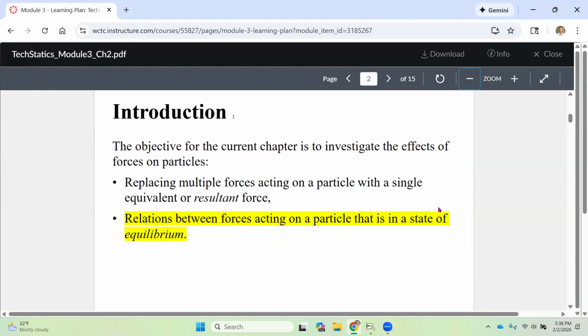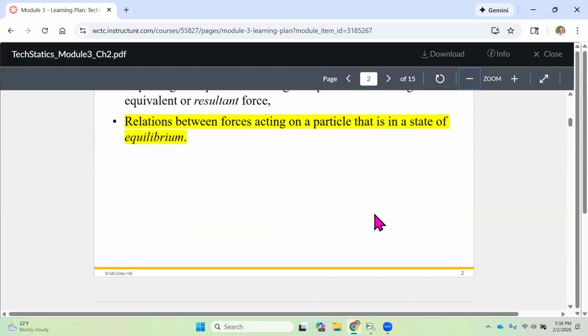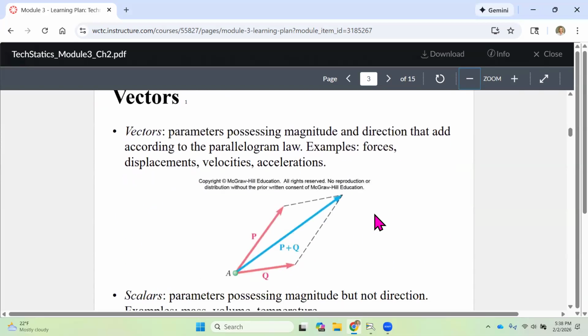Now we're going to focus on this idea of equilibrium, but it's still going to be of concurrent force systems. And if you recall, a concurrent force system means that we share a common point with all of our forces. So we're going to now take those concurrent force systems and we're going to apply this idea of equilibrium.